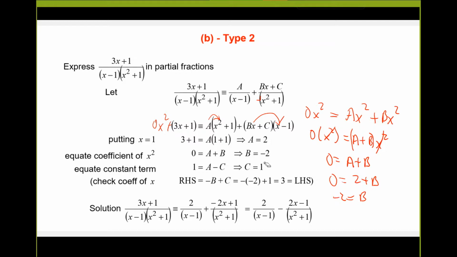Okay. So now that I've got a, b, and c, we can put that back into our original problem, and we'll get our partial fractions. A is 2, b is negative 2, c is 1.